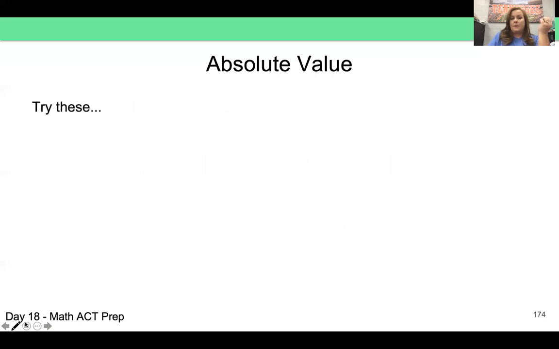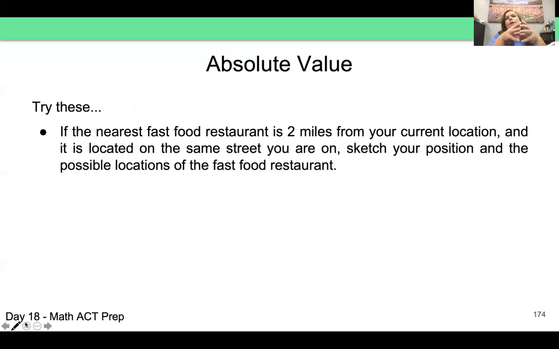So here, try these. If you're at a restaurant or you're standing somewhere, say downtown Nashville, and you look up a restaurant on your phone and it says it's 2 miles away, but it's on the same street you're on, it could be 2 miles that way, or it could be 2 miles this way.